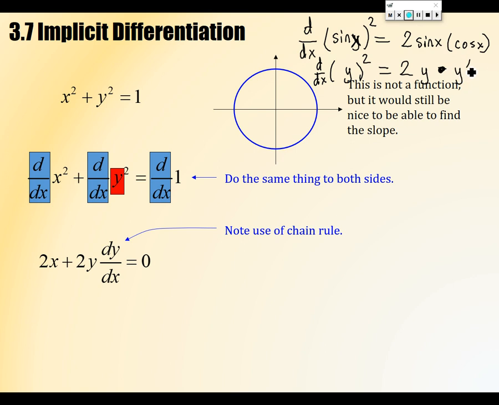It's like we've got y as being something that depends on x. So just like we did here, what's the derivative of sine x squared? It's 2 sine x. Oh wait, times cosine x. In the exact same manner, if we're taking the derivative of y squared with respect to x, then we need to have the exact same amount of caution, right?